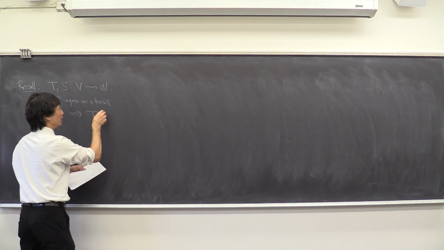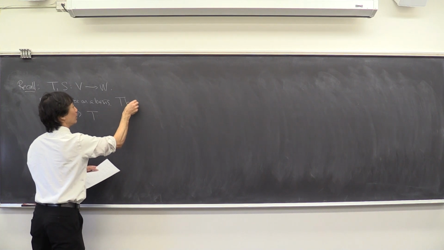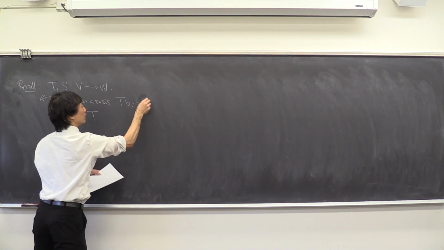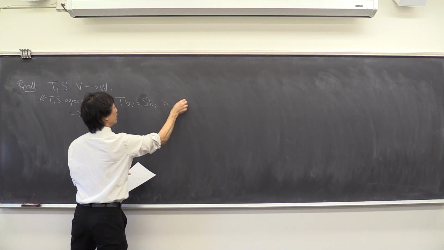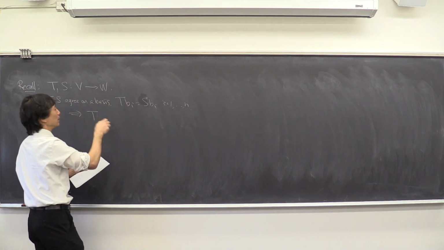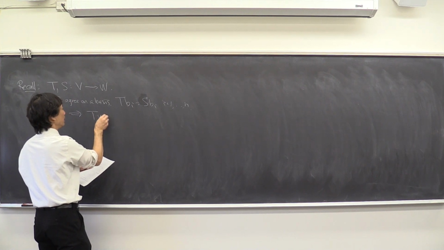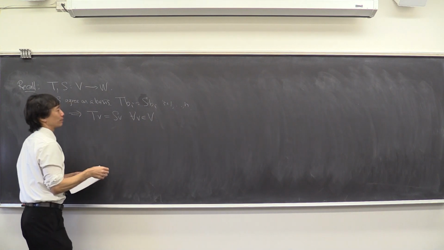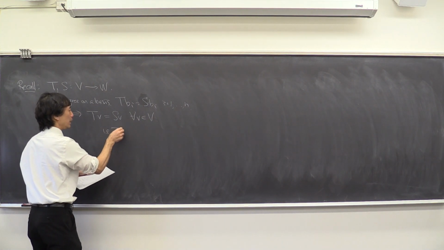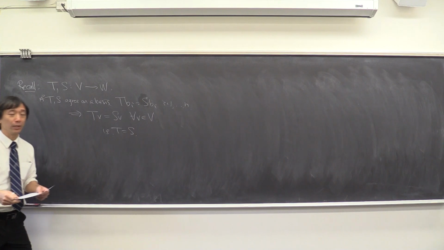So if T(b_i) equals S(b_i) for i equals 1 to n, where the b_i's are some basis, then T(b) equals S(b) for all b in your vector space. In other words, T and S are the same linear transformation.